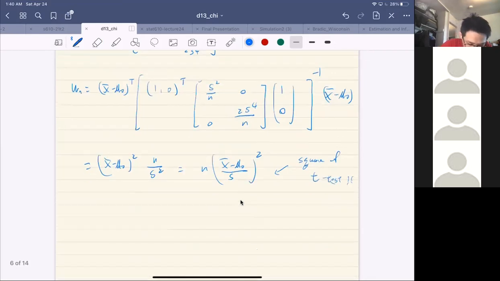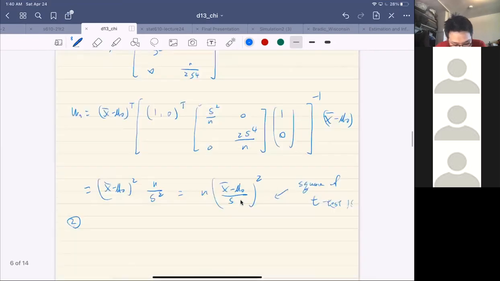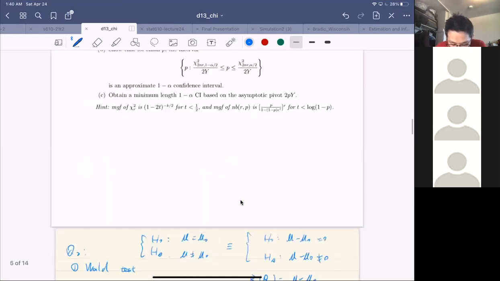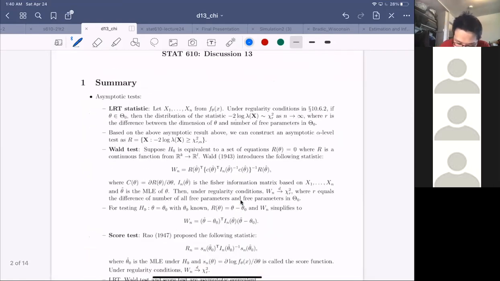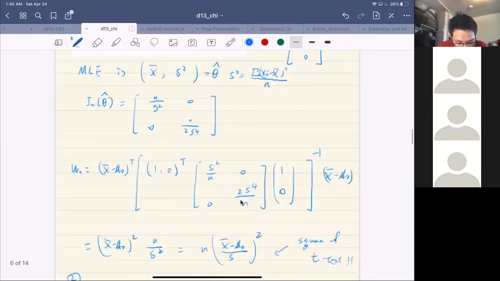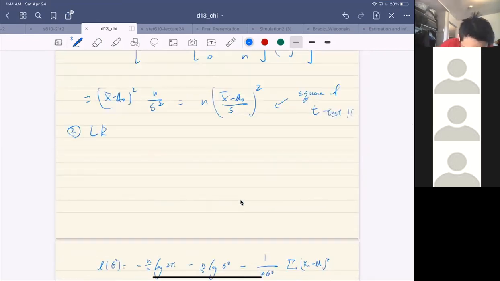Okay, so that's the Wald test, and let's do the likelihood ratio test. We want to find the likelihood ratio function first. The likelihood ratio test is you find the log likelihood ratio, negative this.